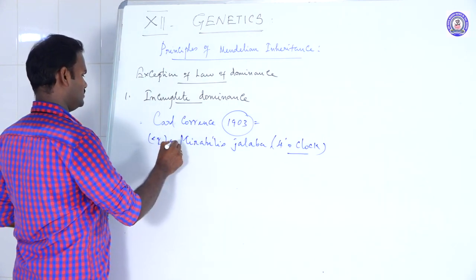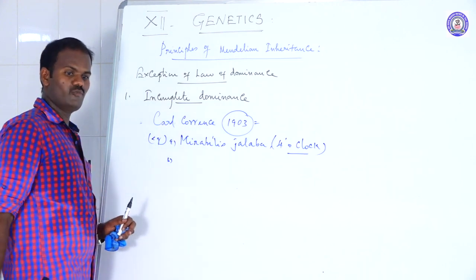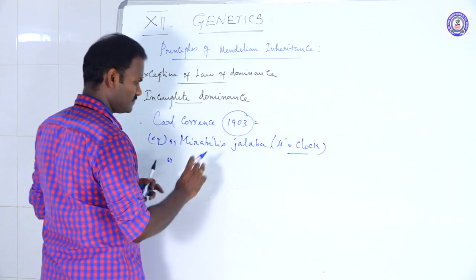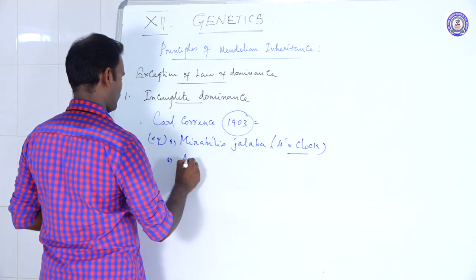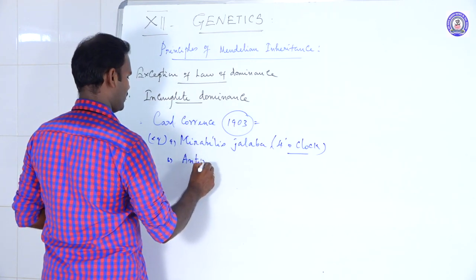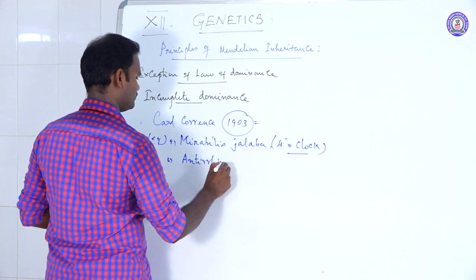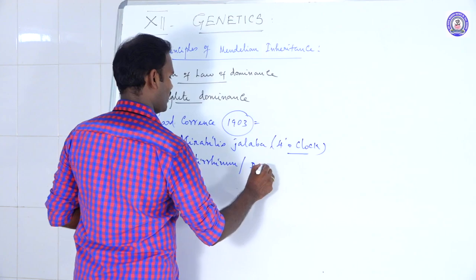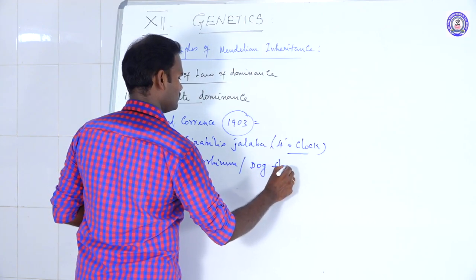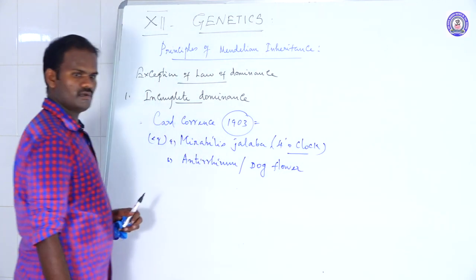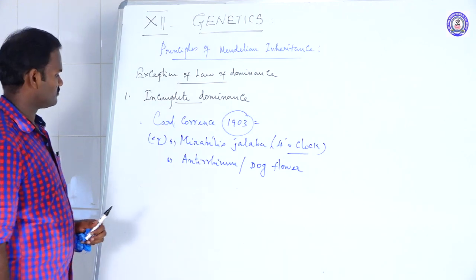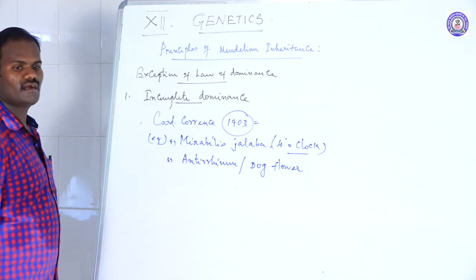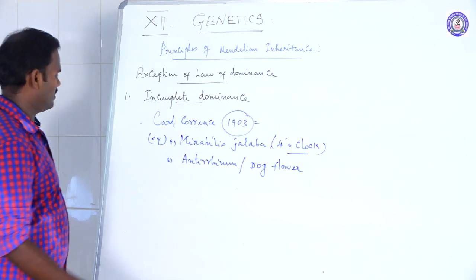Another example reported for incomplete dominance is Antirrhinum majus, also called the dog flower. It has also been reported to show incomplete dominance.